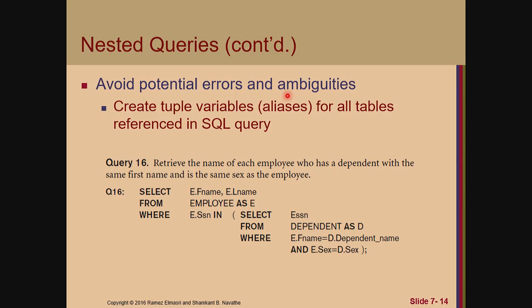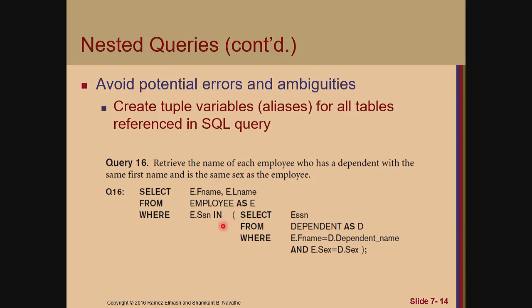So we have to use an alias to identify the columns from which table. For example, here we use employee as E. E is the alias name of the employee table, and we identify that first name is from the employee and last name also from the employee table.